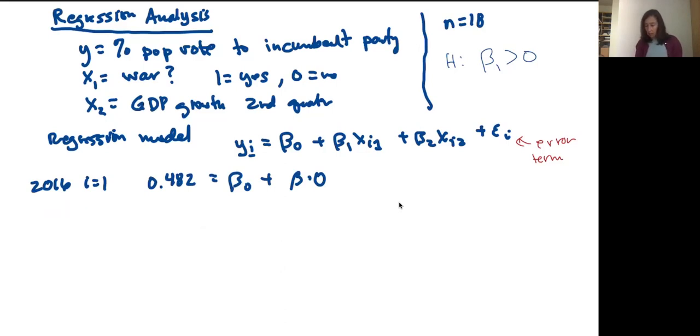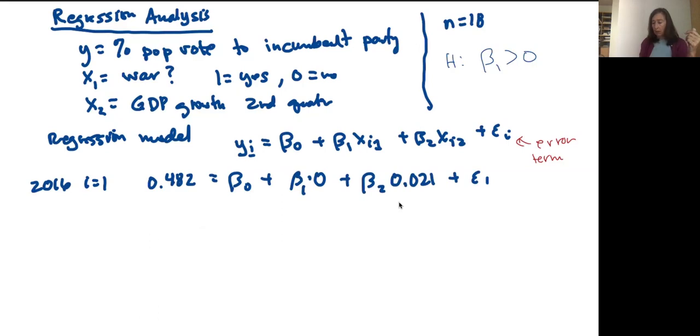So that's my beta 1, plus beta 2 times the GDP growth in the second quarter of that year. I looked it up, it was growing at 2.1%, plus epsilon 1. So these would be the numbers that we would have in our data set, in R or in Stata or whatever we're using, for our first observation. And then we would have 18 rows.